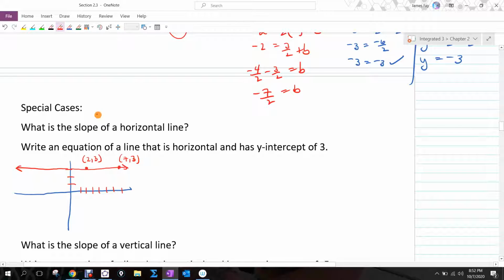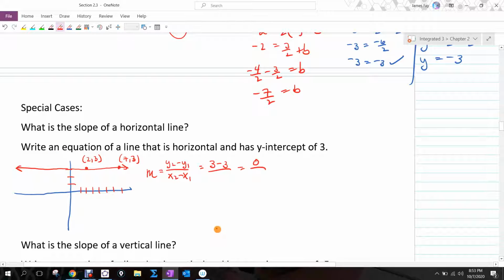Okay. If I look at the slope here, slope, remember, is y2 minus y1 over x2 minus x1. Look at your y's. In this case, because it's horizontal, your y's are the same number. So think about it. No matter what it was, if I had a horizontal line going through 4, it'd be 4 minus 4 up top. If it was through negative 10, it'd be negative 10 minus negative 10. But regardless of however it is, if it's horizontal, this number on top is going to be 0.